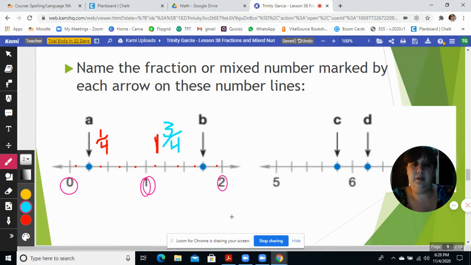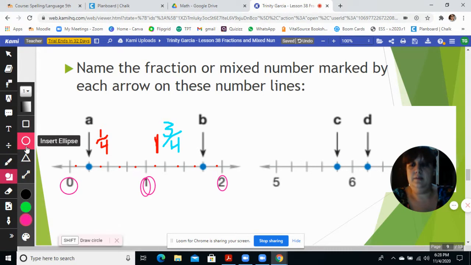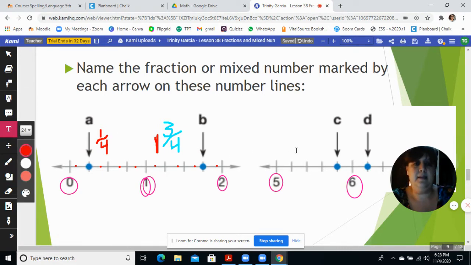fourths. Okay? Now, C. C is over here, and it's between what two numbers? It's between 5 and 6, right? So it didn't get to 6 yet, so we know this mixed number is going to start with a 5.